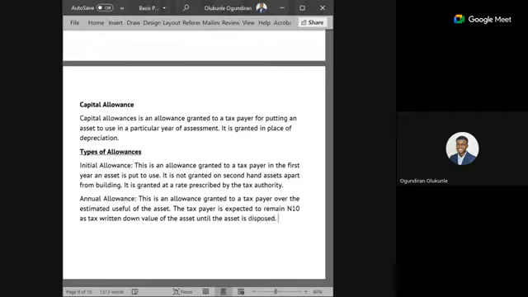So it means your annual allowance in the final year of the asset will be less 10 naira until the asset is finally disposed of. Your tax written down value is what you would have referred to as your carrying amount, which is cost minus accumulated depreciation less impairment loss. But in the context of this class, we don't use depreciation, we use allowances. So your cost minus allowances will give you your tax written down value. Right?